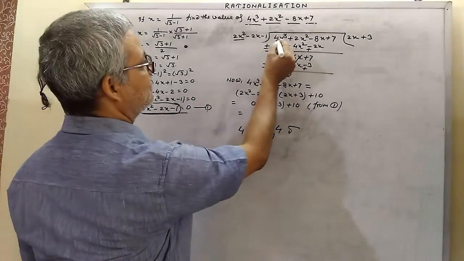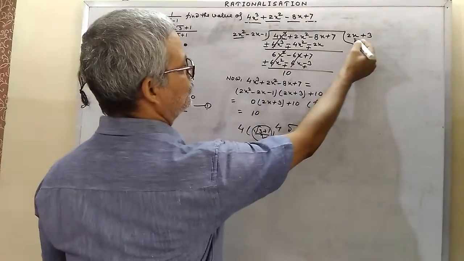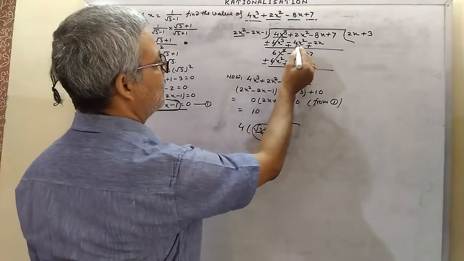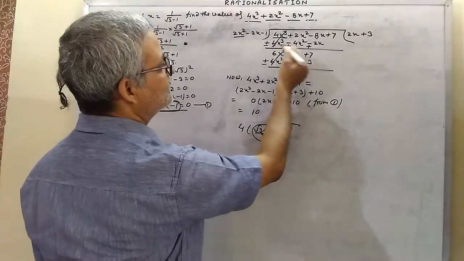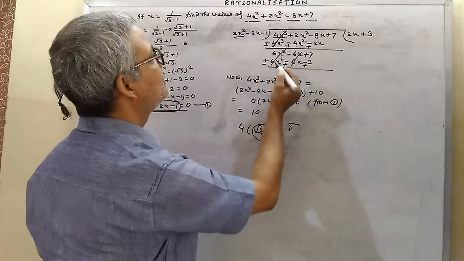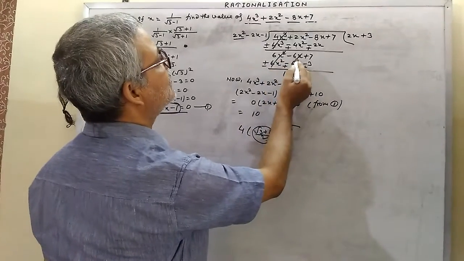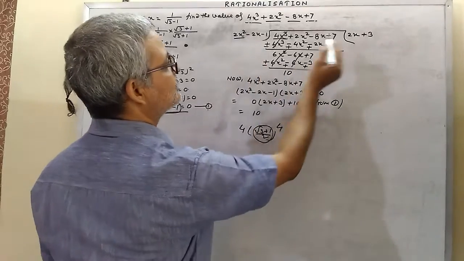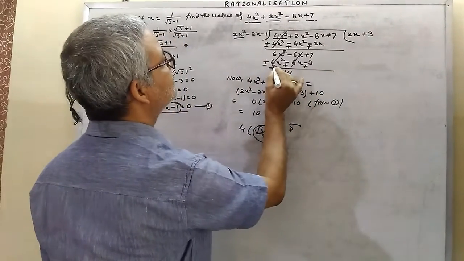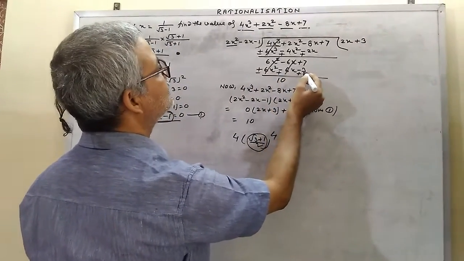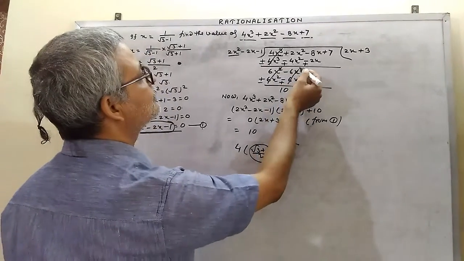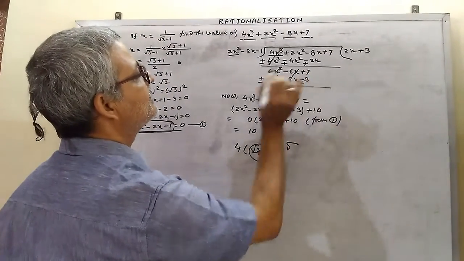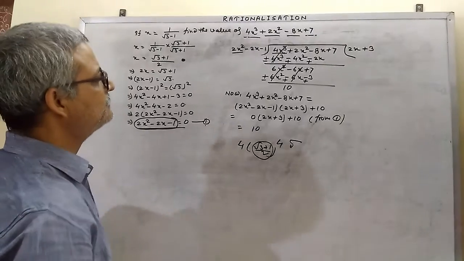Here we have 4x cube, so the quotient is 2x: 4x cube minus 4x square minus 2x, change the signs. Division you already know. 6x square minus 6x plus 7. Again, 2x square and here 6x square, so multiply by 3: 6x square minus 6x minus 3. Again 6x square and 6x cancel out, and 7 plus 3 remains 10.